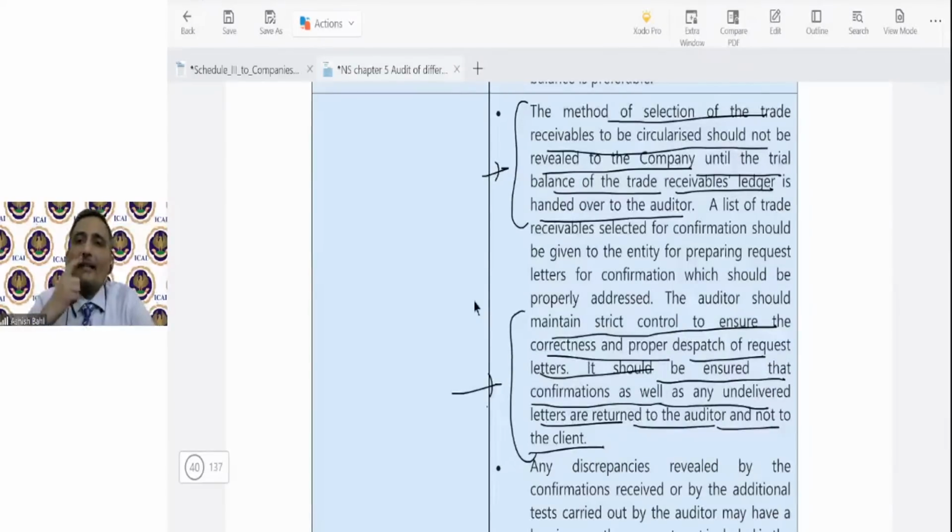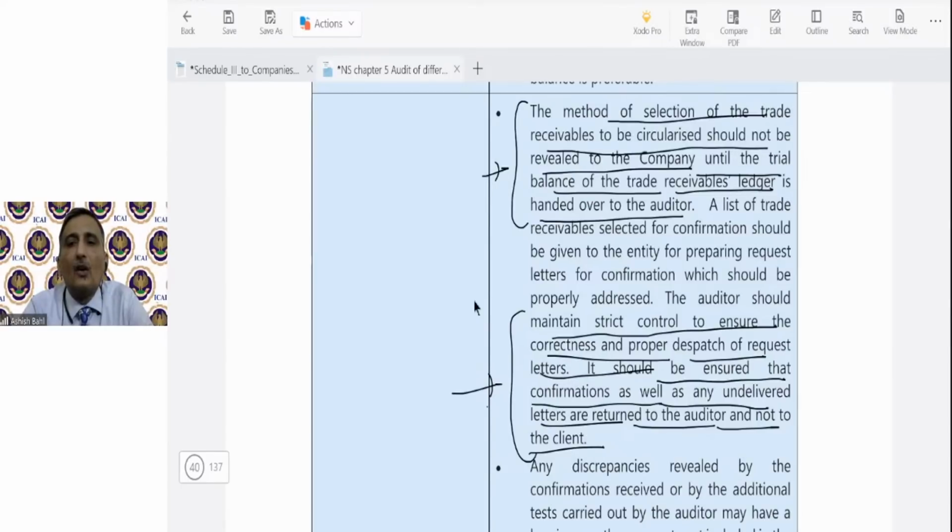So under SA 505 students, we had also learned that confirmation requests are sent directly by the auditor to the confirming party. So it is necessary that the confirmation requests are sent by the auditor at proper addresses.